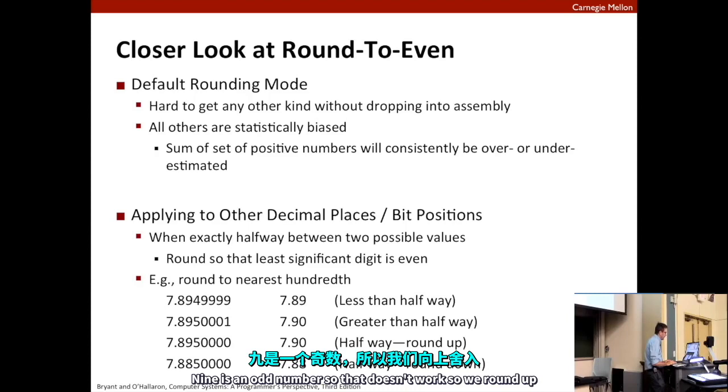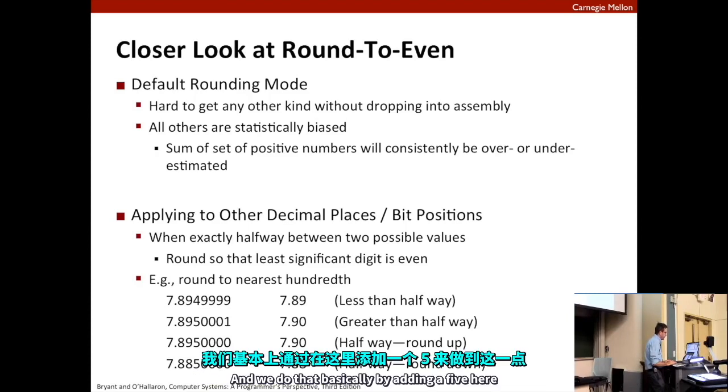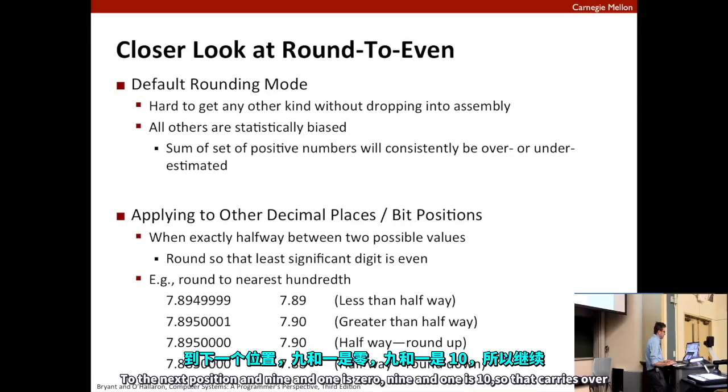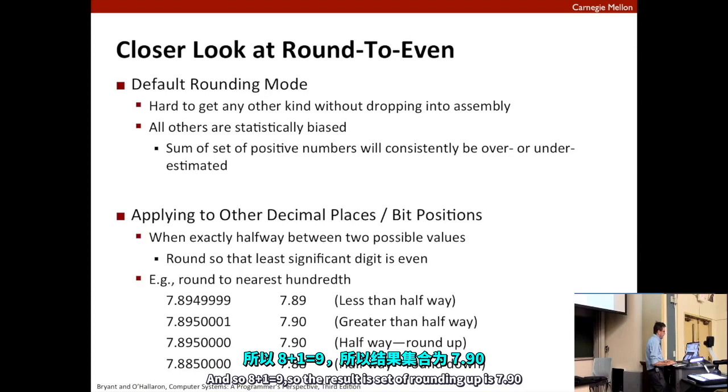So we round up, and we do that basically by adding a 5 here. So 5 and 5 is 10, and then that carries over to the next position, and 9 and 1 is 10, so that carries over, and so 8 plus 1 is 9. So the result of rounding up is 7.90.